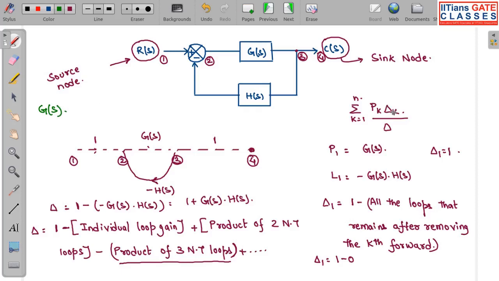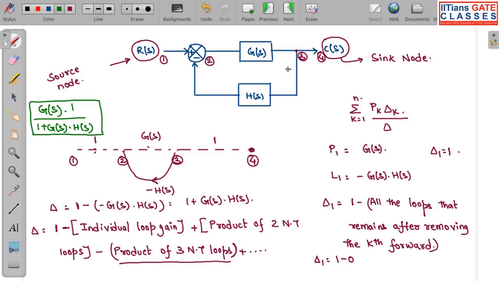Corresponding associated path factor is 1, and since only one forward path is there, it is P1 del 1 divided by delta. Delta is 1 minus individual loop gain plus product of two non-touching loops, which for this particular case is 1 plus G(s) into H(s). So you can see we got the formula for the transfer function of a negative feedback system.